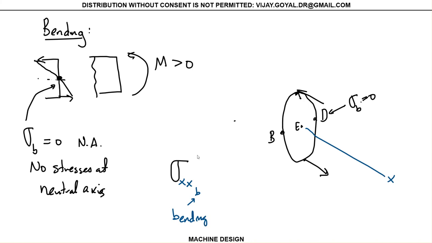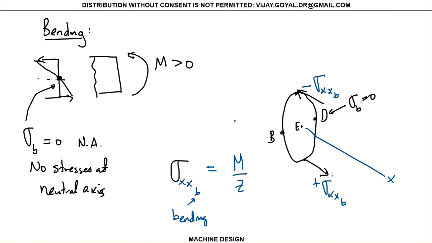This is equal to M over Z. This is minus sigma xxb because it's in compression. This is plus sigma xxb because this point is in tension.